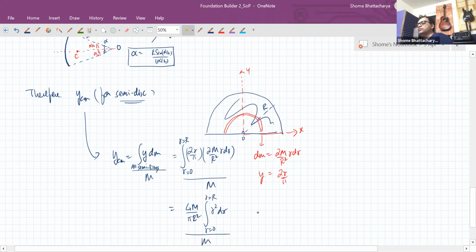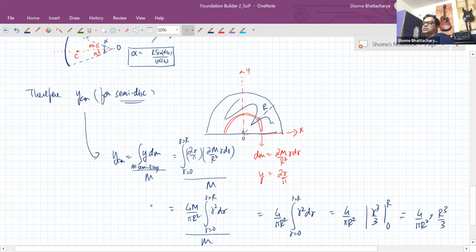So this m cancels out with the numerator, so we are left with 4 upon pi R square integration r square dr from 0 to capital R. Okay. So this integration is r cubed by 3 from 0 to capital R. So that becomes 4 upon pi R square into R cubed by 3. So that finally gives me the y coordinate of the center of mass. Next step, we'll see that. Okay. So just make a note of this, people.